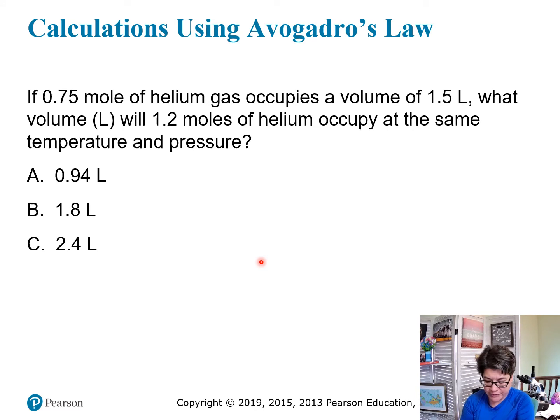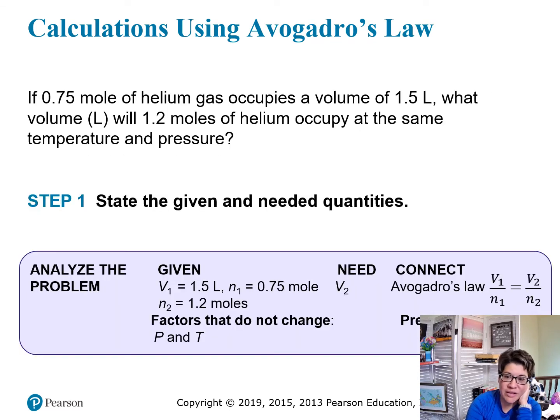So let's look at this one and see how we do. If we have 0.75 moles of helium and that takes up 1.5 liters, what volume will 1.2 moles of helium take up at the same temperature and pressure? So you can just do a proportion for that and figure out what that would be. Here's how you would set that up.